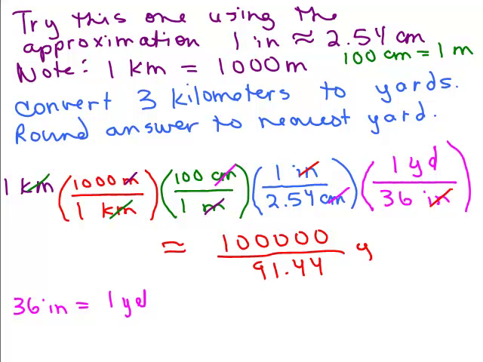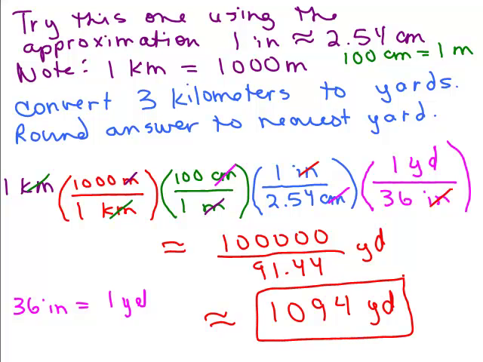It's going to be yards. And then now I have to do that division. So again, just get out your calculator, dividing by 91.44. And we're going to go to the nearest yard. So this is 1,094 yards is the approximation to the nearest yard.